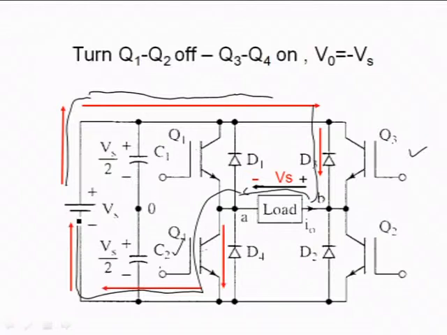The output voltage is again Vs with reverse polarity, minus Vs. So, when Q1 and Q2 are on, the output voltage is Vs. When Q3 and Q4 are on, the output voltage will be minus Vs. Again we are getting positive and negative, and that is how we get alternating voltage in a single phase full bridge inverter.